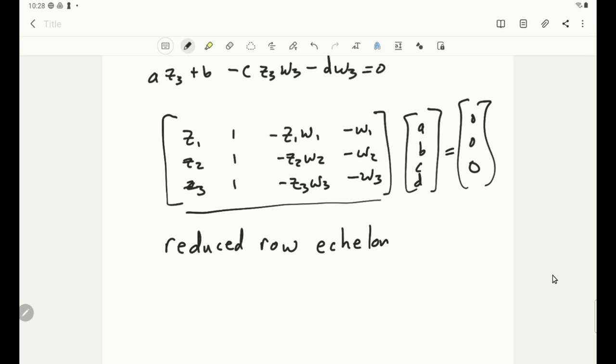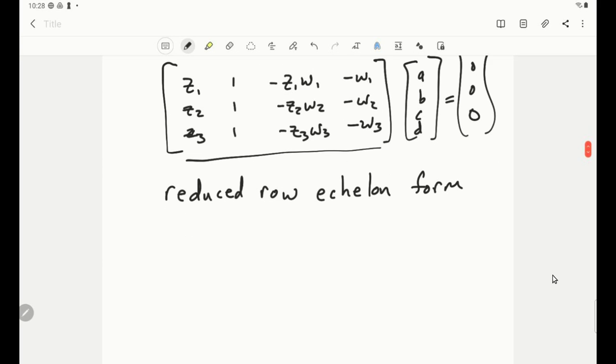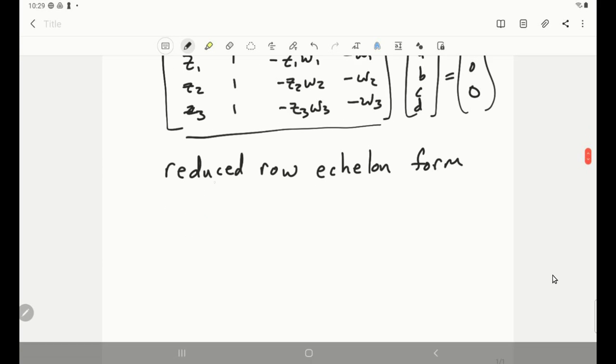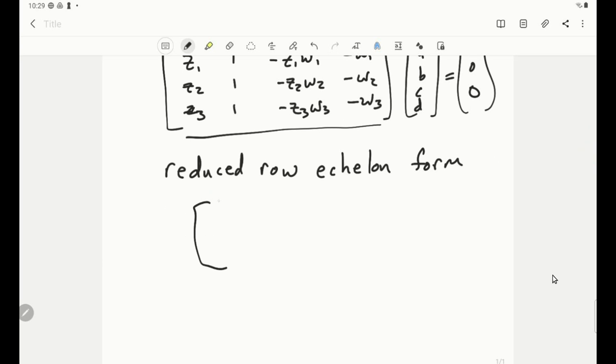Okay. And what that does is it goes through solving for my variables, and it should end up with an answer like 1 0 0, 0 1 0, 0 0 1, and then the last column is going to have minus A, minus B, minus C in it.